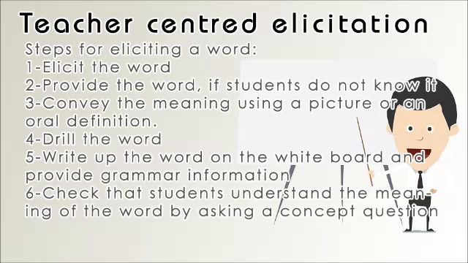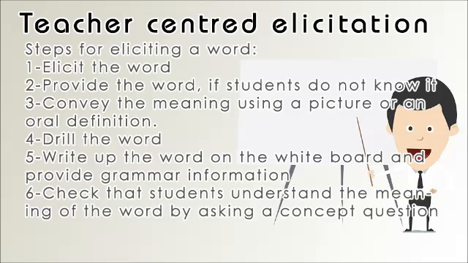3. Convey the meaning using a picture or an oral definition. It is easier for students to start with a concept rather than the word itself. 4. Drill the word. Because English spelling is often strange, it's better for students to learn the sound of the new word before they see how it is written. 5.